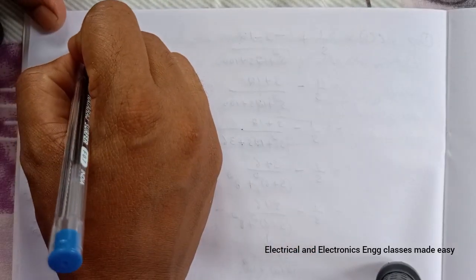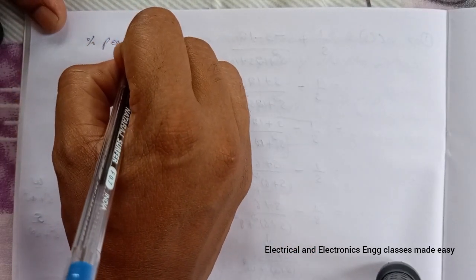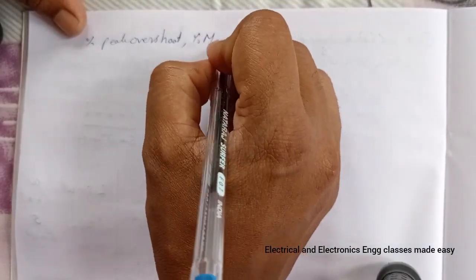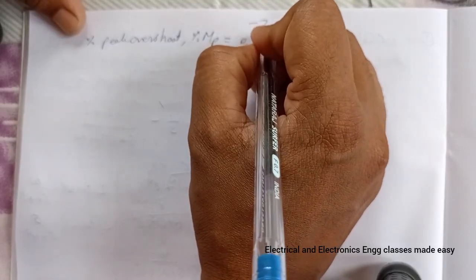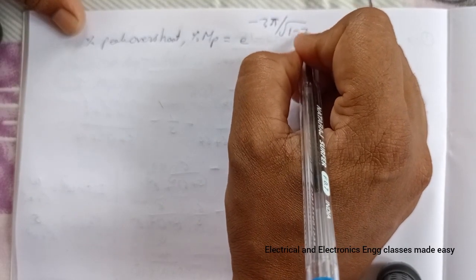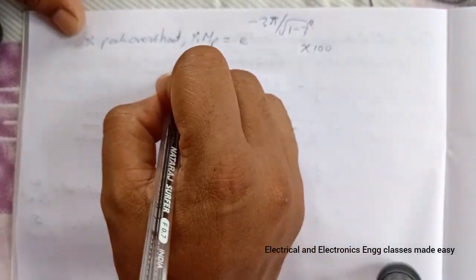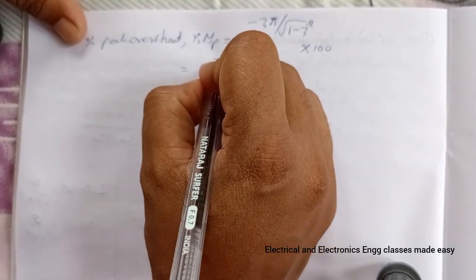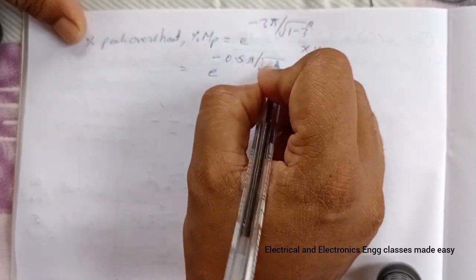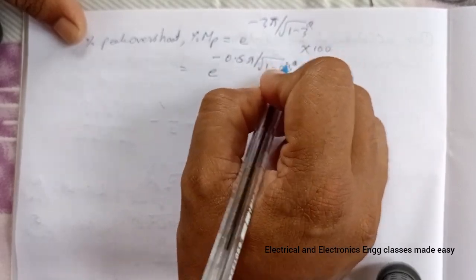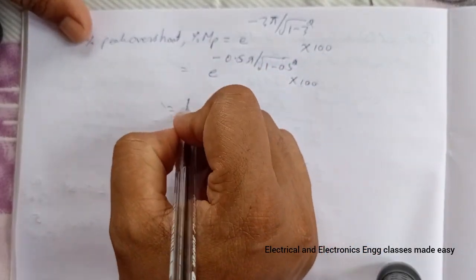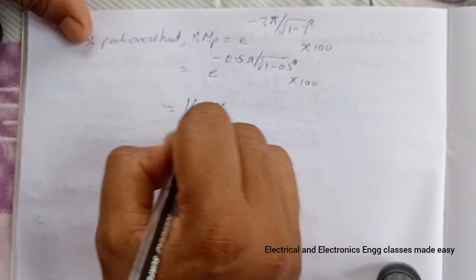So the percentage peak overshoot is equal to e raised to minus zeta pi divided by square root of 1 minus zeta square into 100, and that is equal to e raised to minus 0.5 pi divided by square root of 1 minus 0.5 square, then into 100, and we get 16.3 percentage.